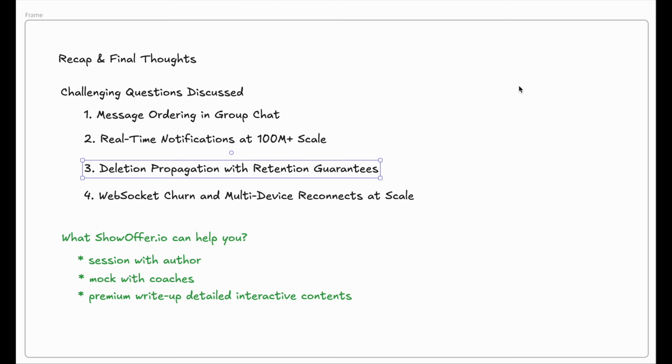Number 3, deletion propagation with retention guarantees. We build an audit-compliant deletion flow that respects sender-side deletion, ensures correct client updates across devices, and prevents resurfacing of deleted content via inbox filtering or replay rules. And number 4, WebSocket churn or multi-device reconnects at scale.